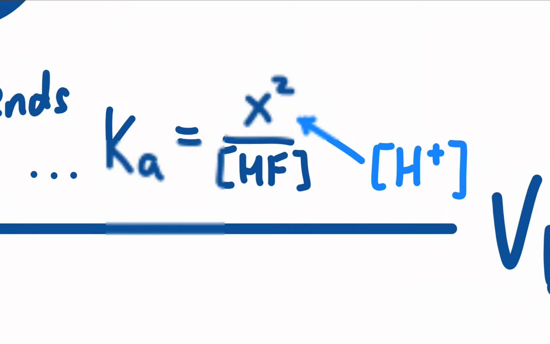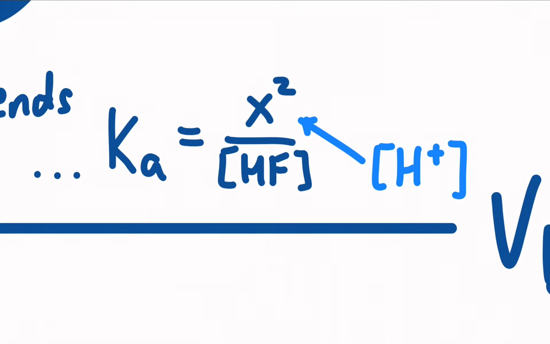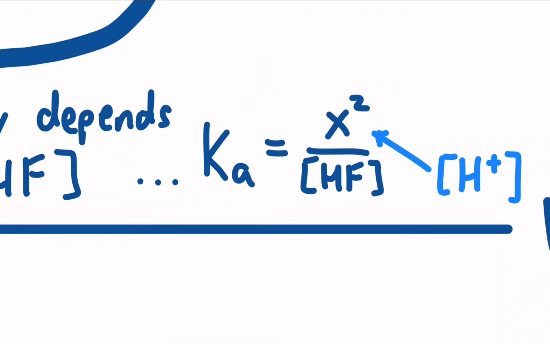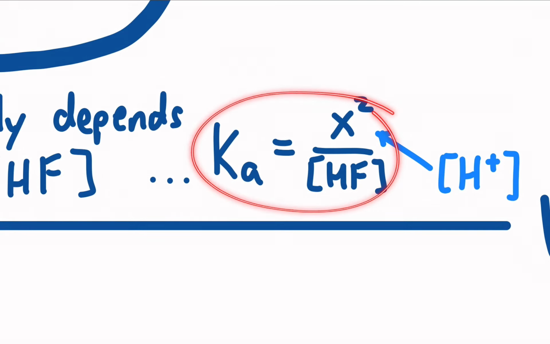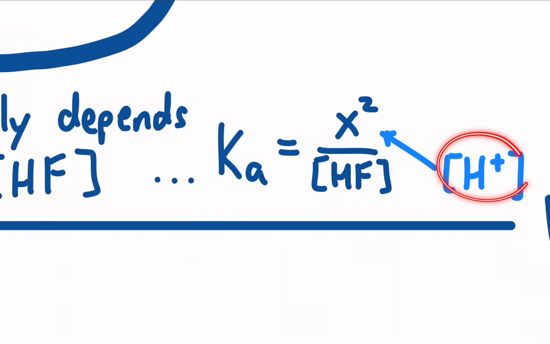I'm not going to go into everything that went into where that came from. You should go back and review how to set up equilibrium and RICE charts, but you can go right to that, and that's how you get the H+ concentration and obviously the pH of a weak acid at the beginning.